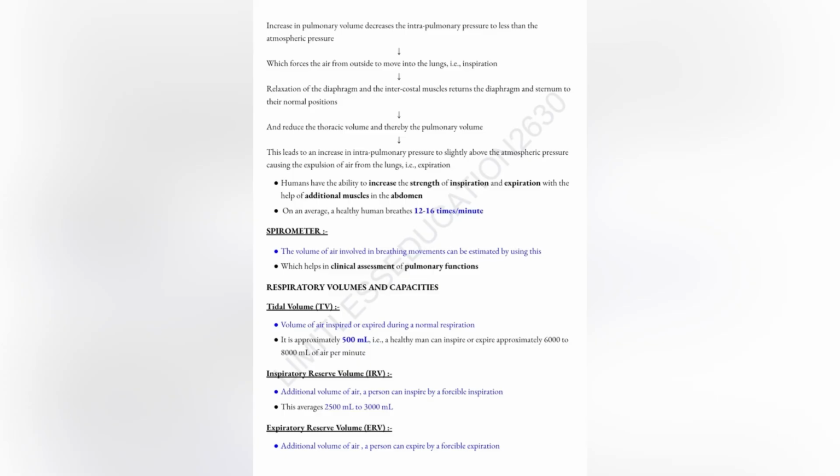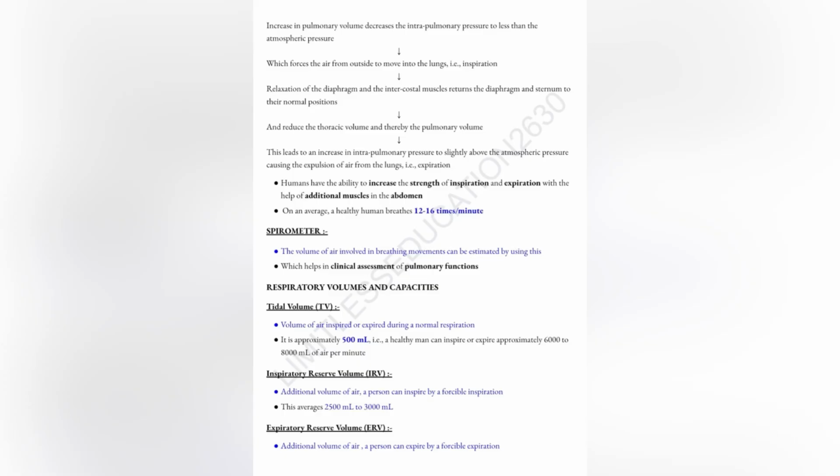Spirometer. The volume of air involved in breathing movements can be estimated by using a spirometer, which helps in clinical assessment of pulmonary functions. Coming to the respiratory volumes and capacities, the first one is the tidal volume, which means the volume of air inspired or expired during a normal respiration.